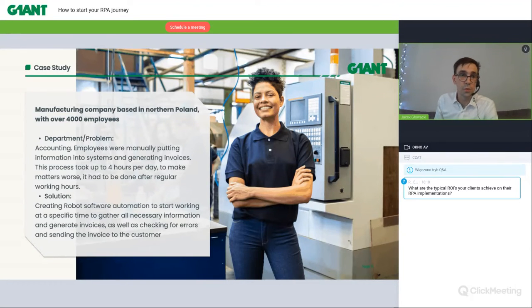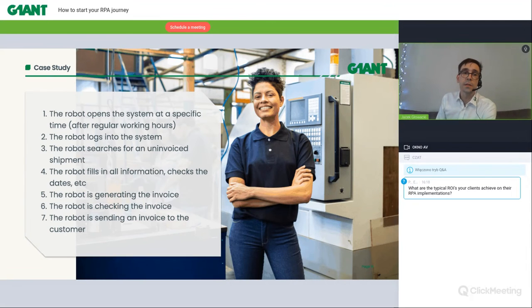This process took about 4 hours per day, and to make matters worse, it had to be done after regular working hours, after the systems were already closed. The solution was to create robot software automation to start working at a specific time, to gather all the necessary information and generate invoices, as well as checking for errors and sending the invoices to the customer.